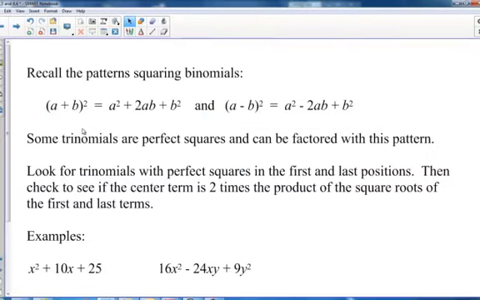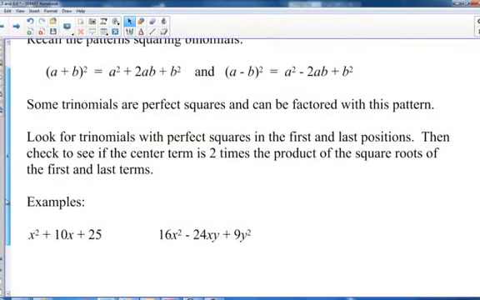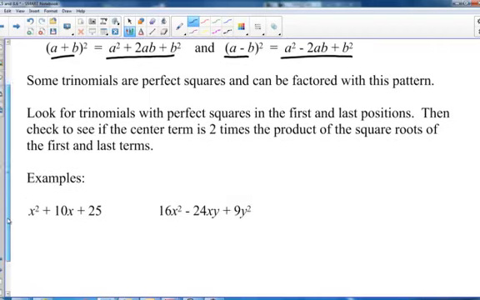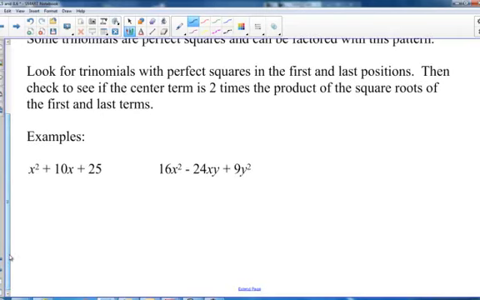So these are the formulas at the top here. If you have a plus b squared, that factors into this. A minus b squared factors from that. So x squared plus 10x plus 25, that would be x plus 5 times x plus 5. It's very easy when there's just a 1 in the front.